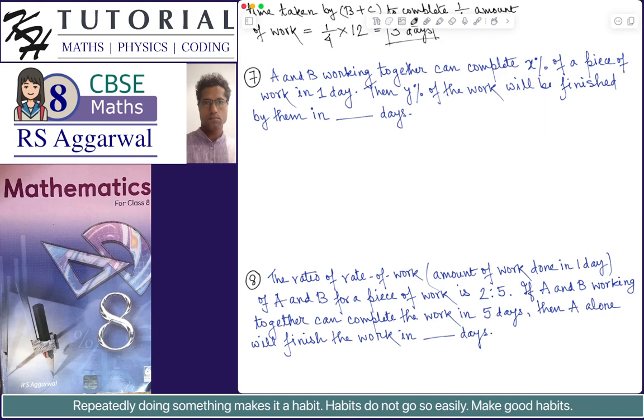So we can say that it is given that A plus B's 1 day's work is equal to X% of a piece of work. A piece of work, that is a whole work, is always considered to be 1. So this is X% of 1.